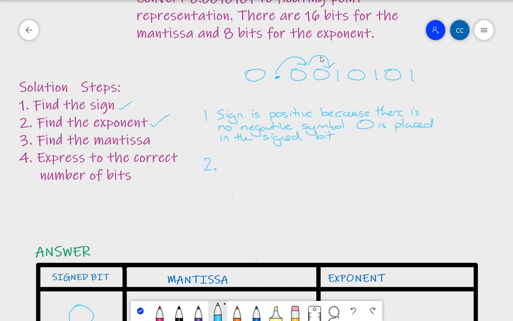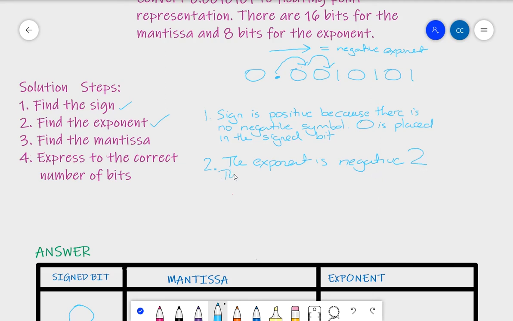So we've got 2, and because we're going in this direction, that equals a negative exponent. Okay, so we know the exponent is negative, and we've moved 2 steps, so it's -2.